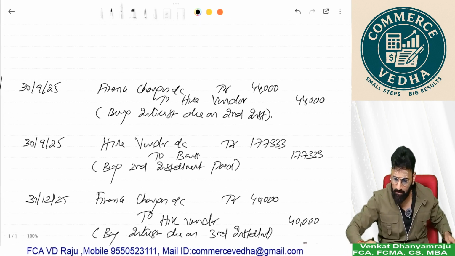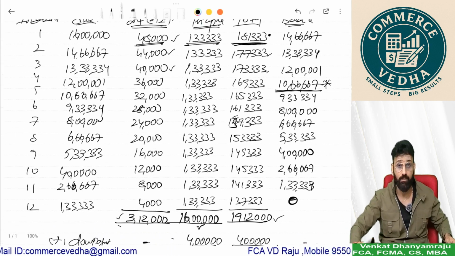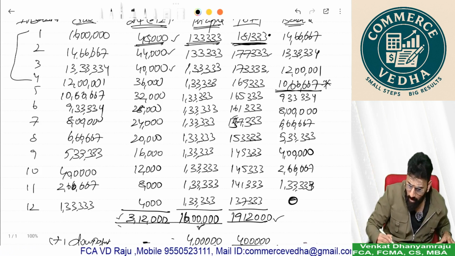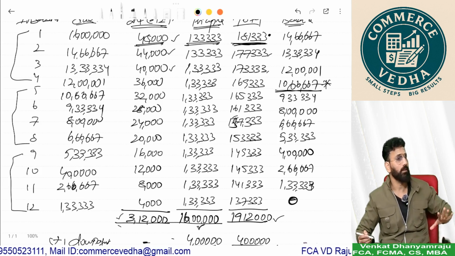What we did here is we computed the interest for all the 12 months, a detailed interest, and we passed the entries for first year. We can repeat the same for the second year and for the third year.